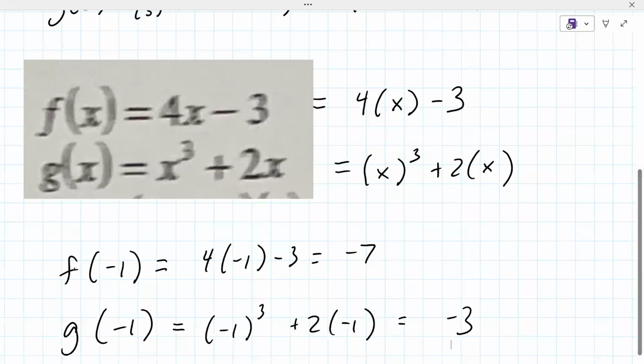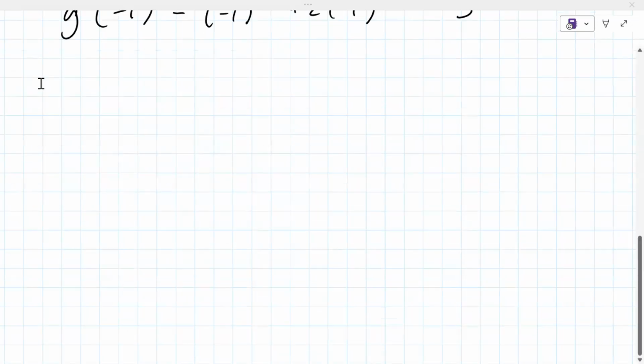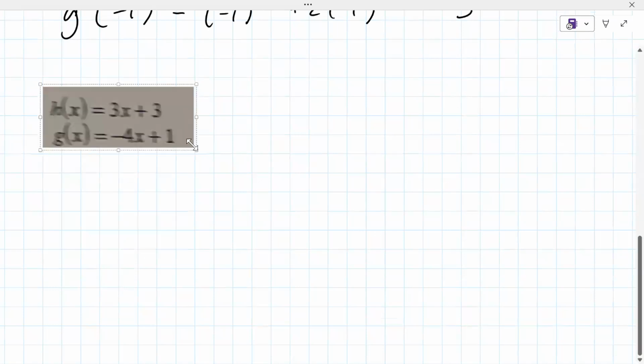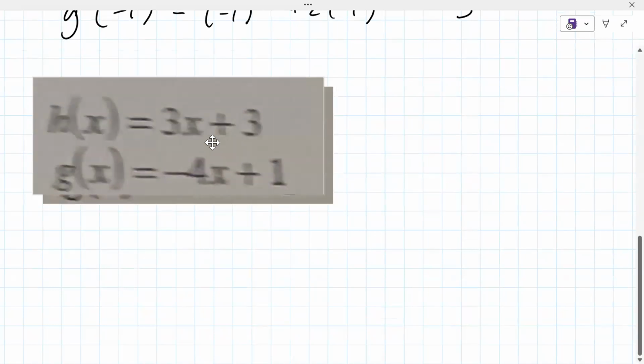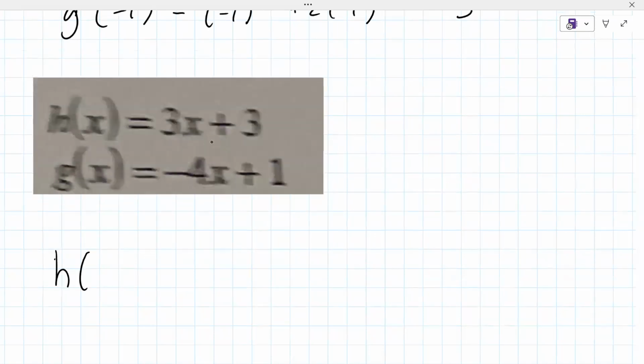Okay. All right, so let's see if we get a little faster at this. I'm going to give you two more functions this time. Speed, speed, speed. We want to be fast and correct. Could you find h of 2 and g of -2 for us, please?